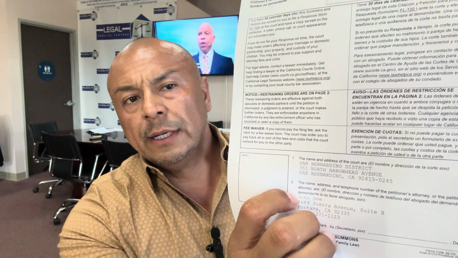That says number 1. Number 2 is over here. Number 2 says, what is the name, address, and telephone number of the petitioner, that's you, filing, or petitioner's attorney. In this case, again, it's John Doe doing a divorce.